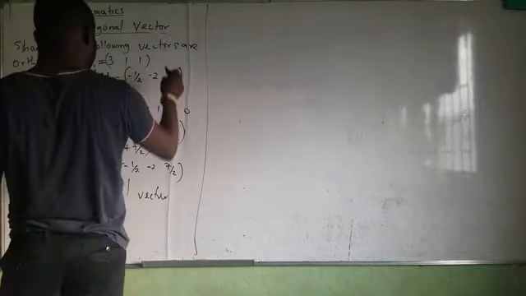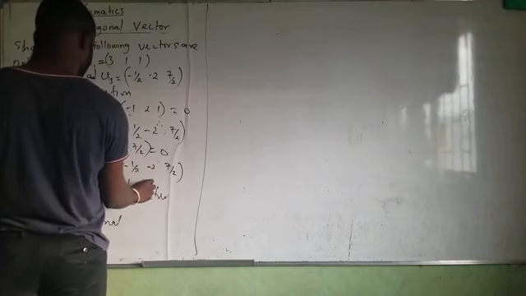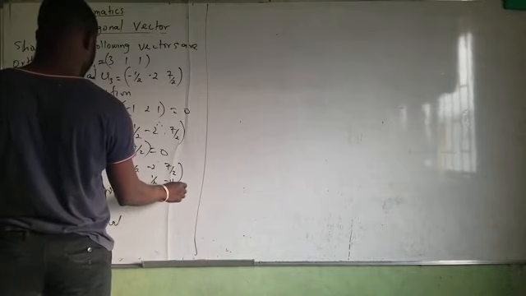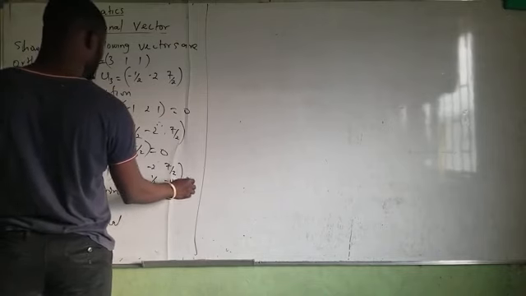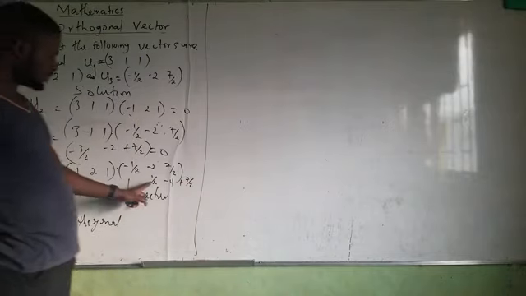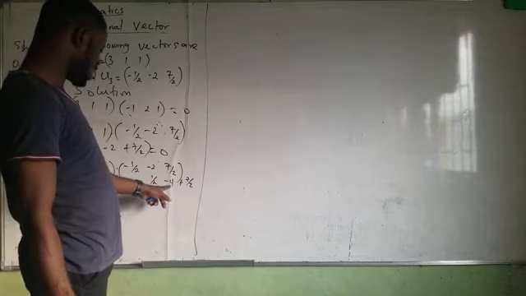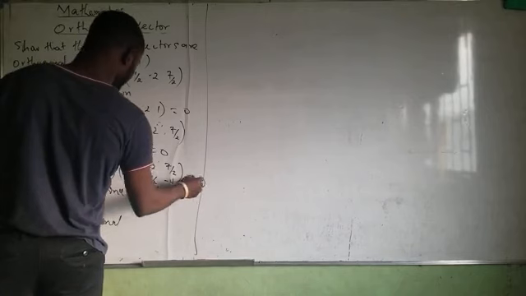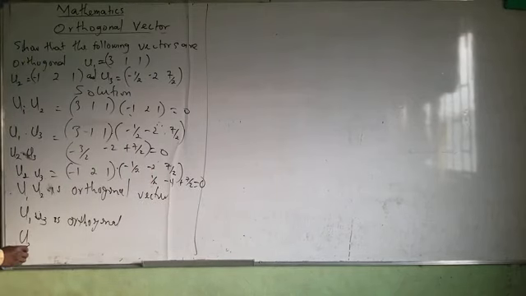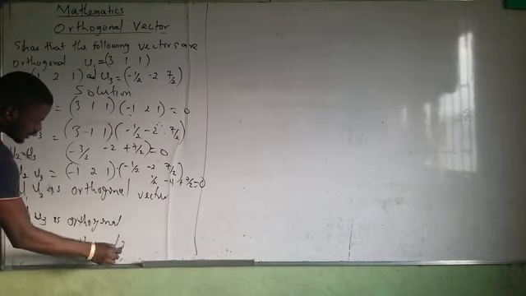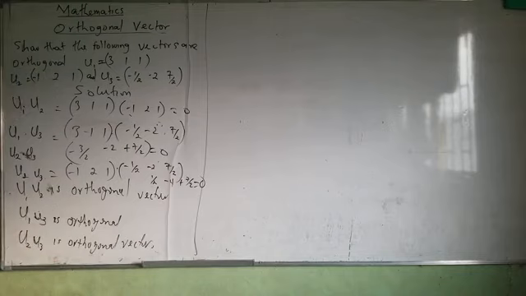This u can never be equal to 0, because I have this, that will be 8. It is equal to 0. It means u is an orthogonal vector. Now, that is what we need to do there.